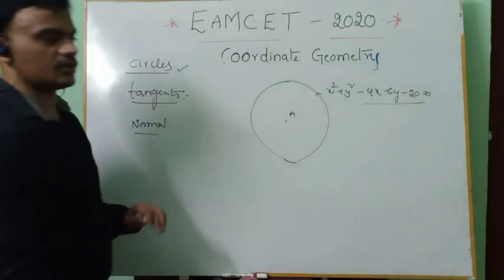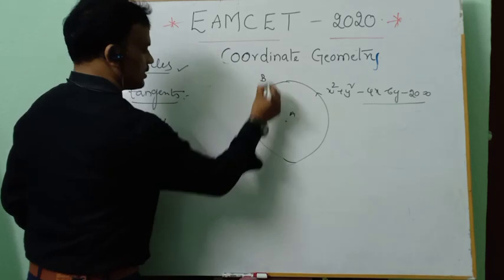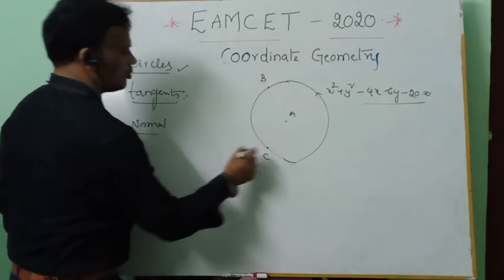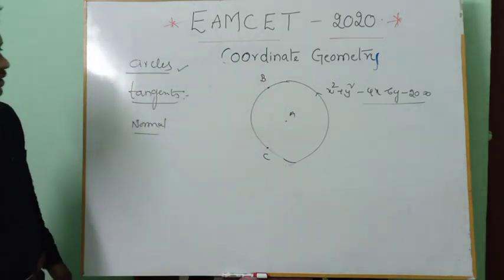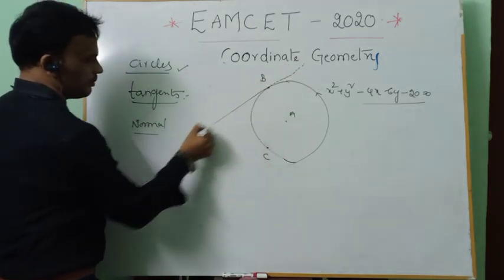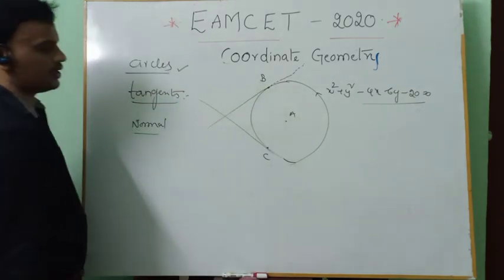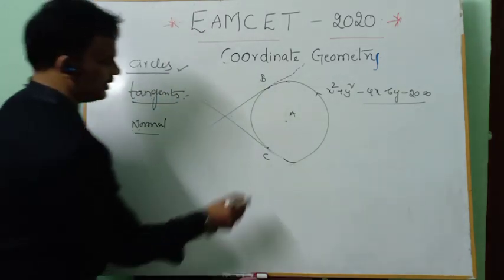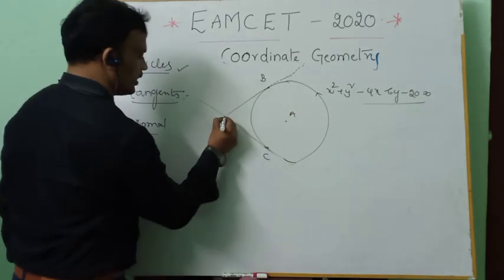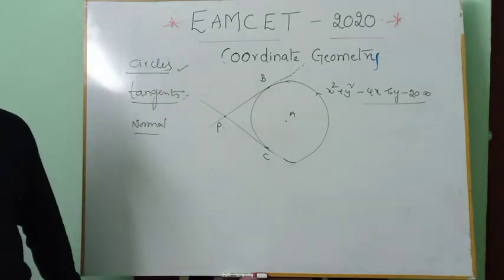A is the center of the circle, and B and C are any two points on the circle. If the tangents are drawn at the points B and C, they are meeting at a point P.